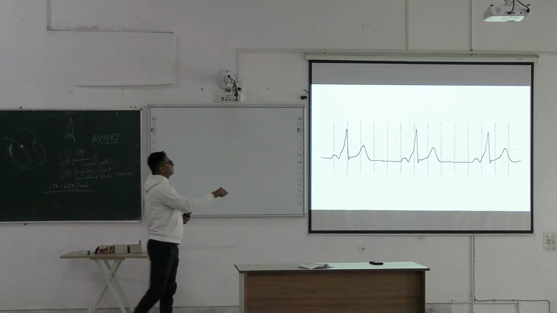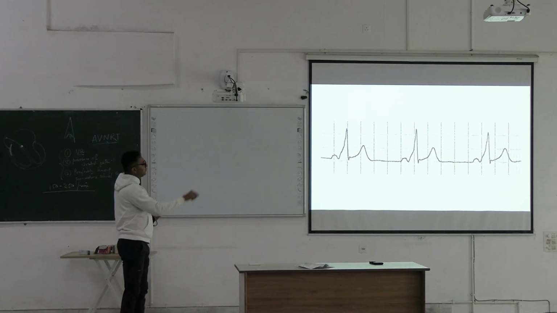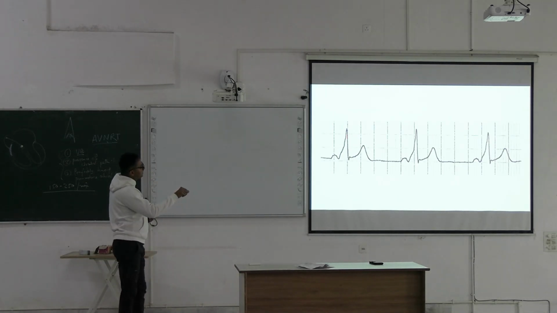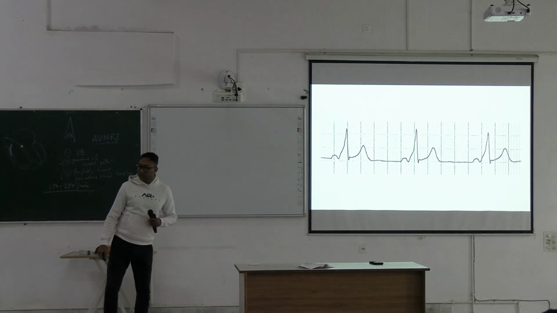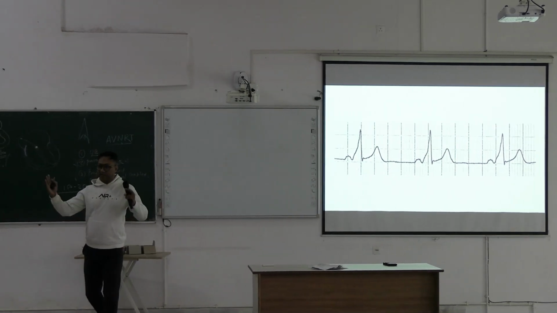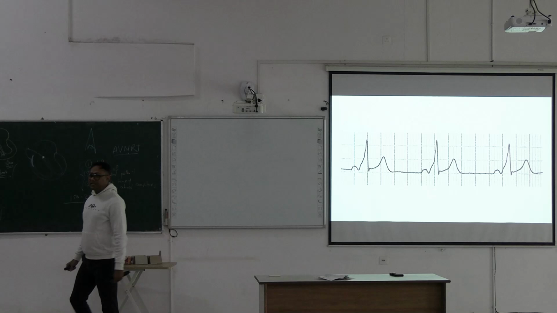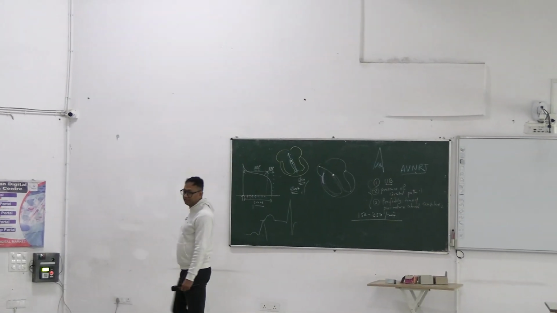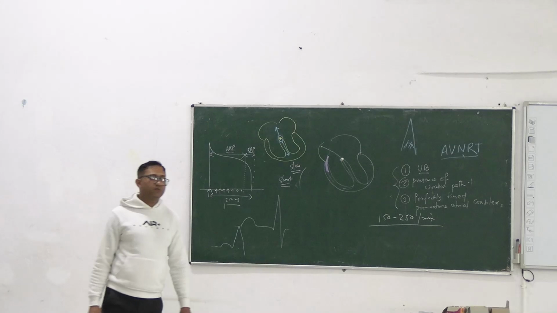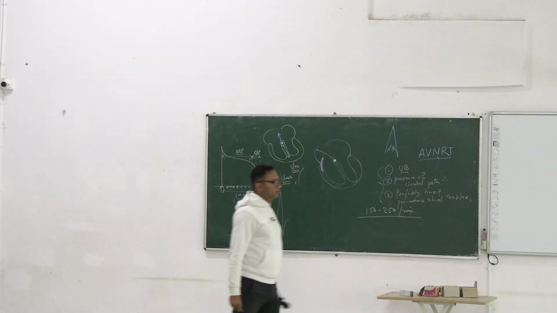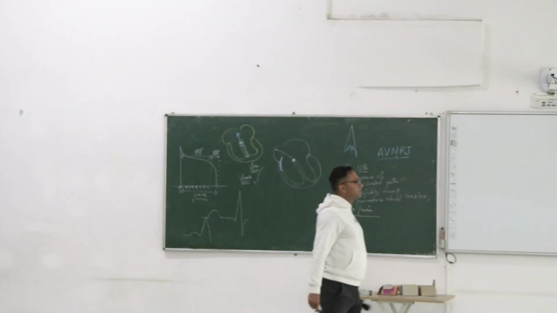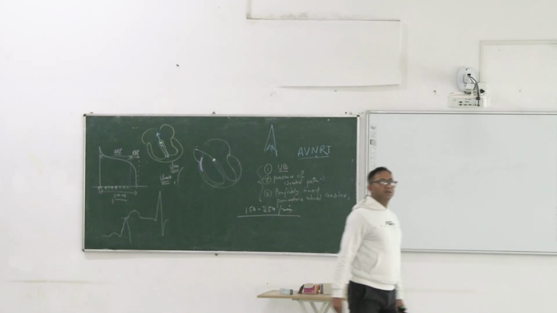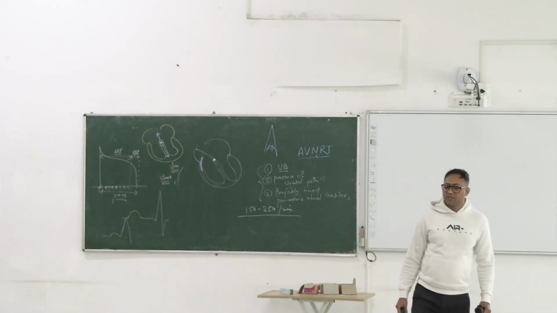Okay, you see this P wave, immediately QRS complex, and you see the QRS complex is widened. Wide QRS complex: when it is more than 120 milliseconds, we call it wide QRS complex. So, here it is wide QRS complex. Again, the patient will be having palpitation, right?